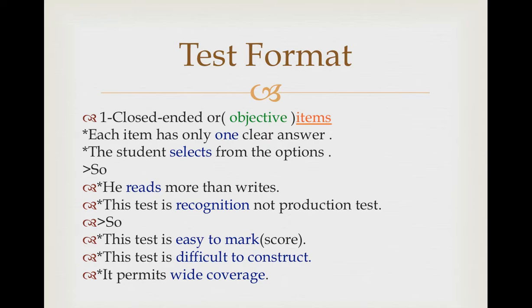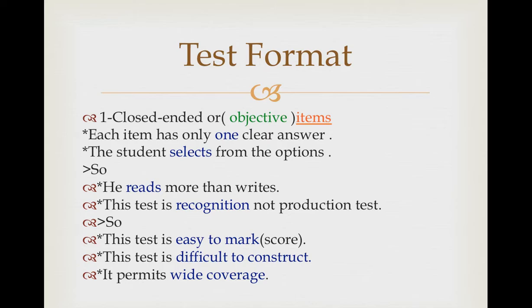So there is only one clear answer. This is if we are talking about true and false, MCQ, matching, gap filling with choices. So, one clear, correct answer only. No more.